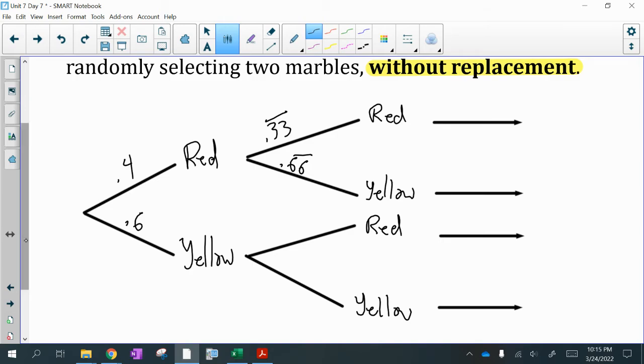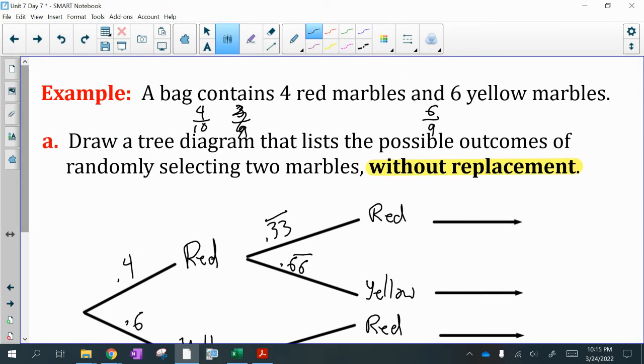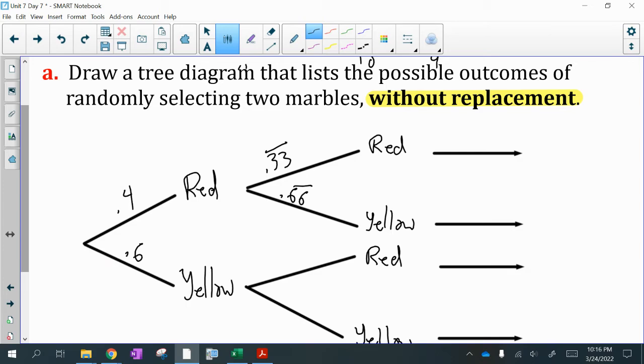Now, assuming that I drew the yellow marble first, I'm going to get rid of this information up top. Okay, I'm assuming that I drew a yellow marble first, and I started off with a 6 in 10 chance. Now, I only have 9 marbles in my bag, and I've got 4 to choose from, so I plug that in. So I'm going to be looking at 4 out of 9, which, as it turns out, when I put this in I get 0.44 repeating.